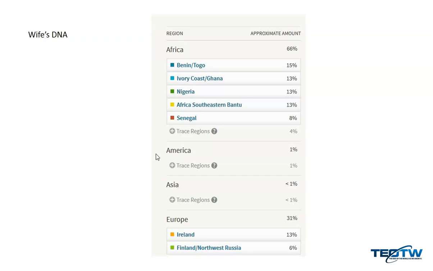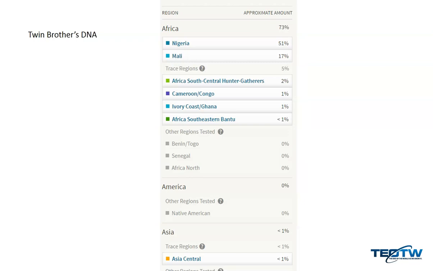So, now this is my brother's, since we're twins, this is the same DNA results for us. Nigeria, Mali, Africa South Central hunter-gatherers, Cameroon, Congo, Ivory Coast, Ghana, right? It's basically the same matchup. It just so happens, we have a large percentage of Nigerian in us, so that's our match right there.